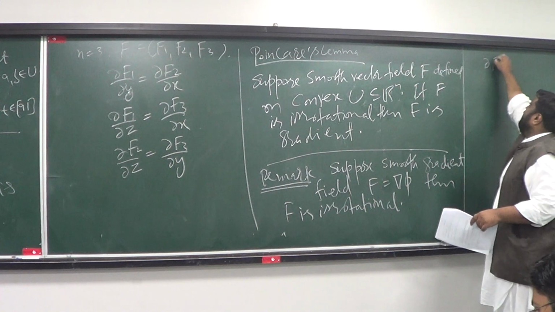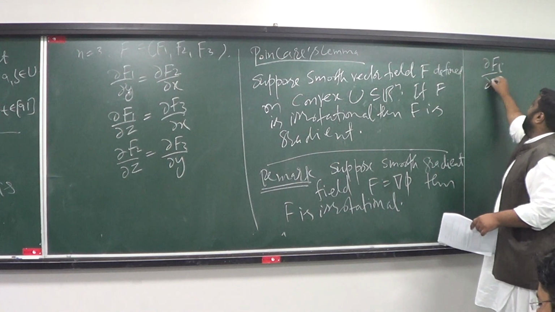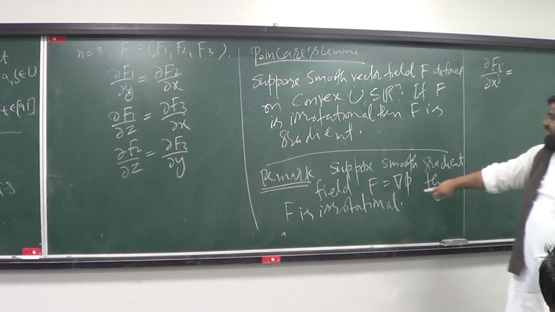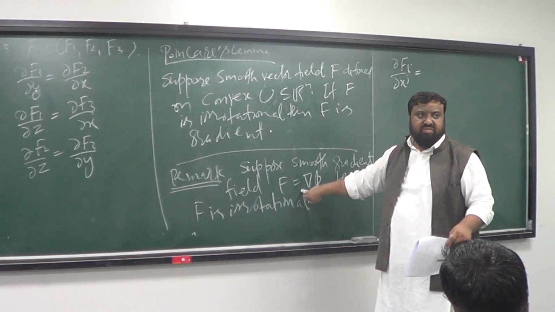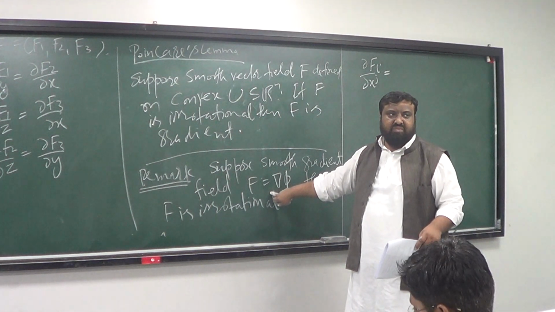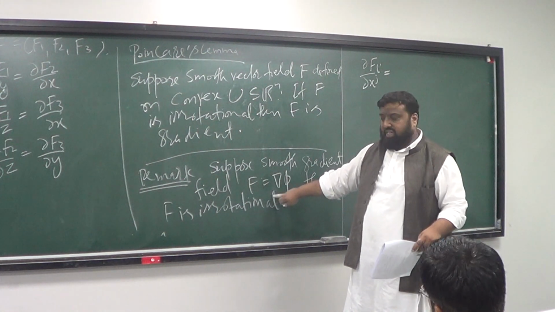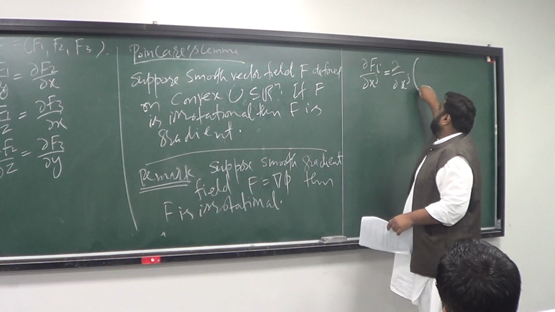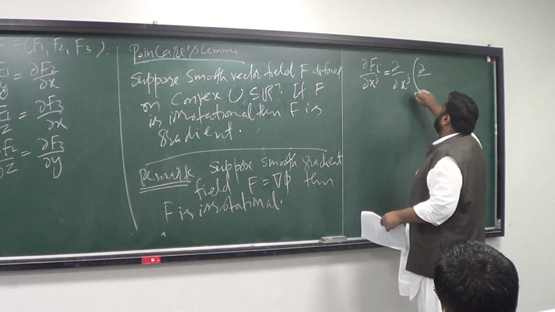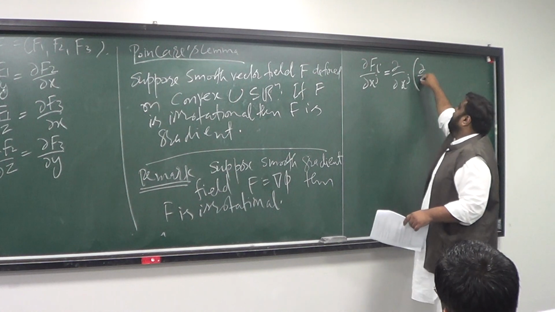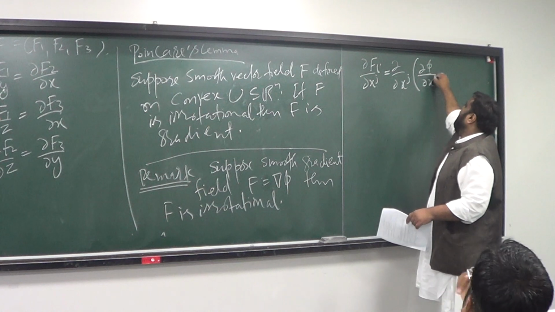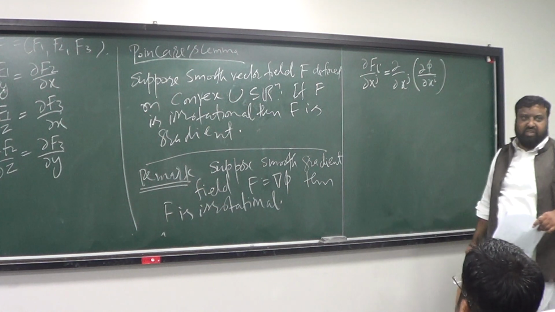So I need to take, for example, partial f by partial xj. What would be fi if you have this equality? So gradient of phi of x. Exactly. So this is going to be the partial f by partial xj, and that's a derivative of the partial phi by partial xi.